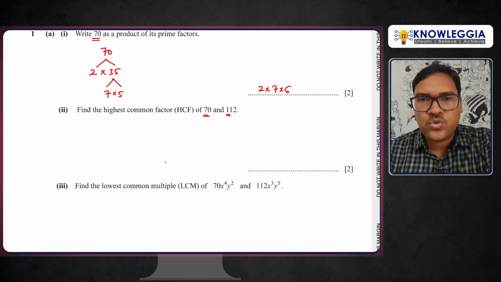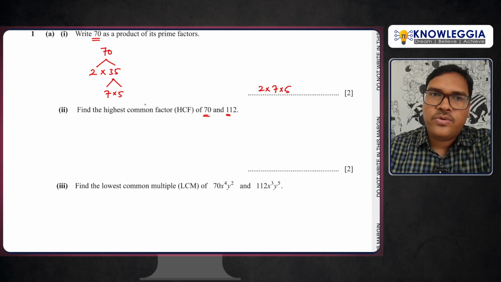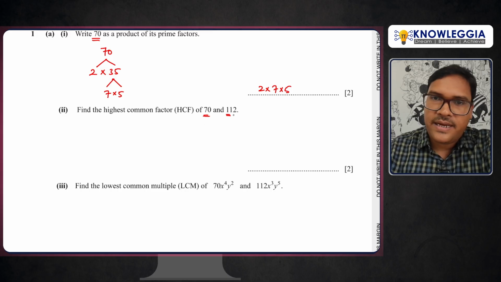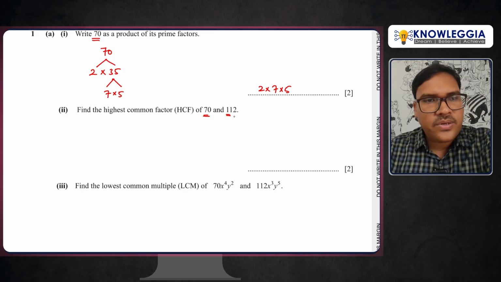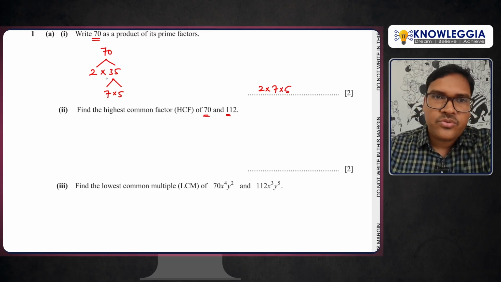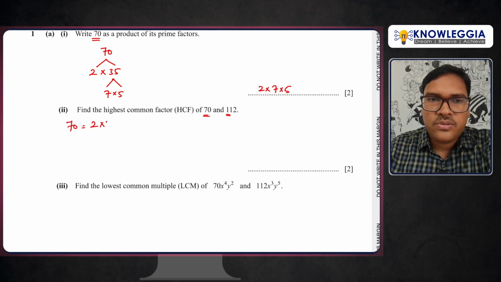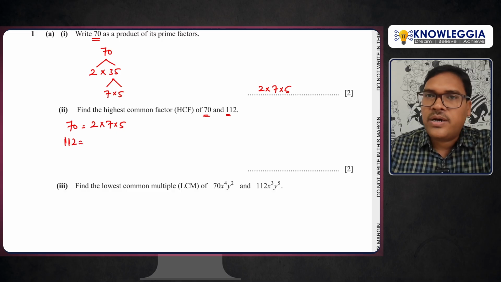So there are different ways to find the highest common factor. One way is you can factorize and write, or otherwise you can write the factors of 70 and 112, and then accordingly you can write the highest common factor. So we have already written what 70 is. 70 is equal to 2, 7 and 5. Now we can easily also write 112.